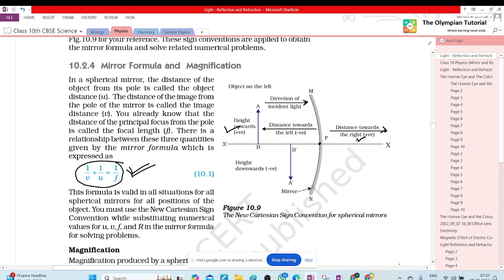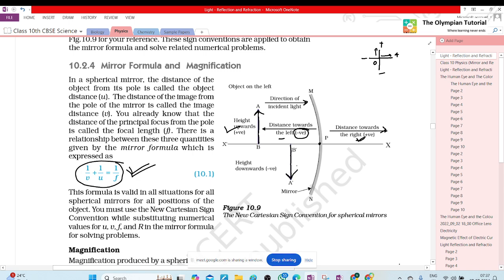Distance towards the right is positive, and distance towards the left is negative. The object is like this, so this one is positive, and height downward is negative.